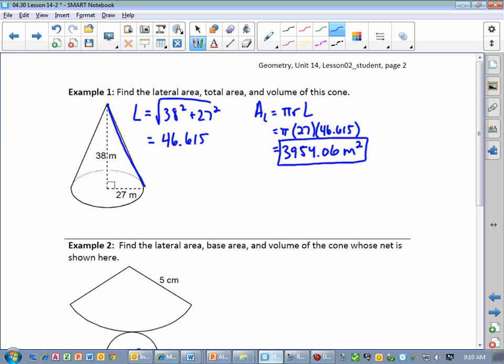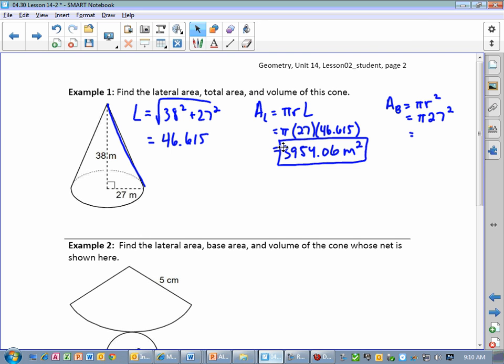Now to get the total area, we need the area of the base. So I'm going to say, okay, area of the base. Well, that's pi r squared, because it's a circle. So pi times 27 squared.